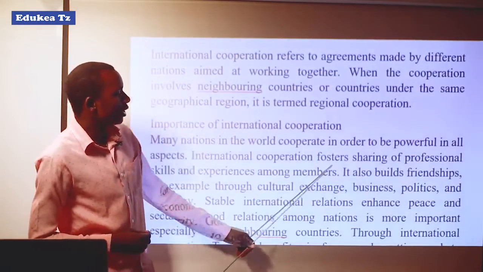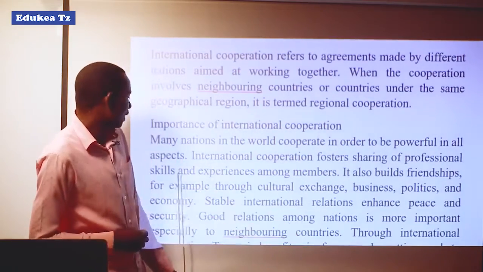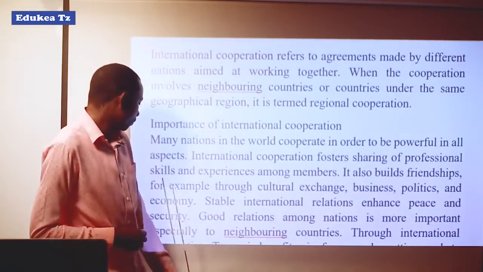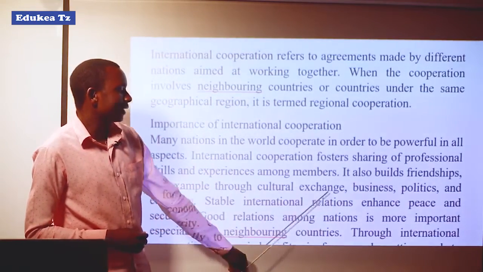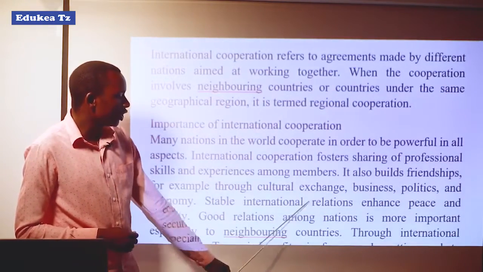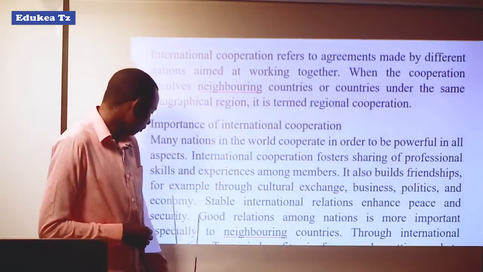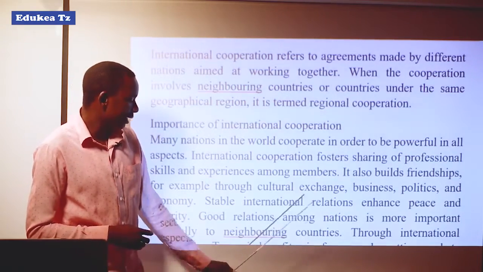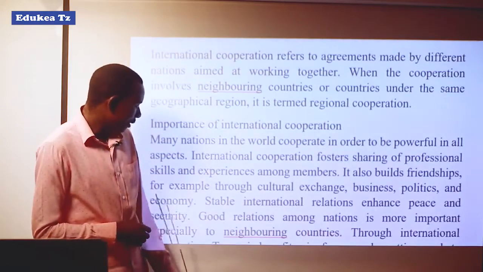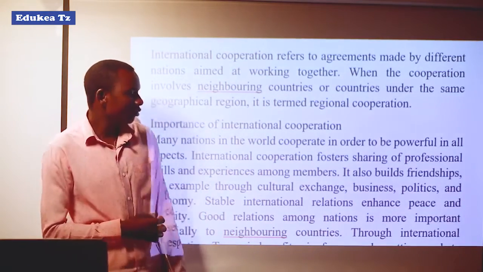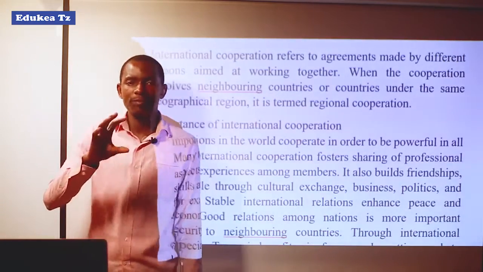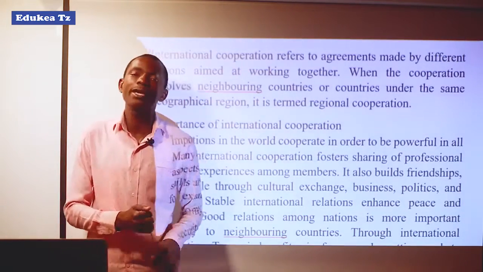Also, international cooperation fosters sharing of professional skills and experiences among members. It also builds friendship, for example, through cultural exchange, business, politics, and economy. Stable international relations enhance peace and security. Good relations among nations are more important, especially between neighboring countries. These are the expressions which try to show the importance.